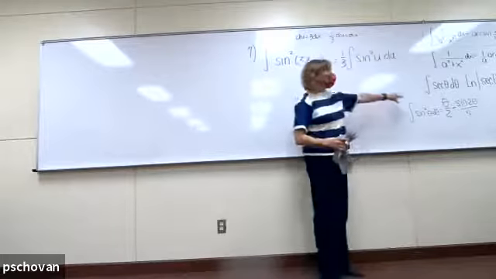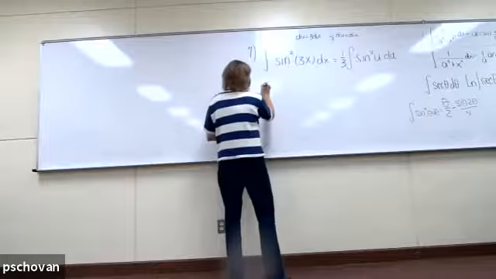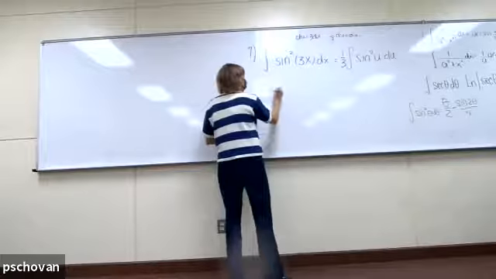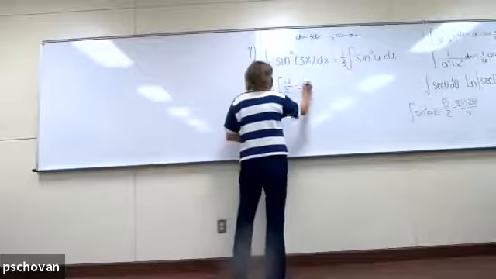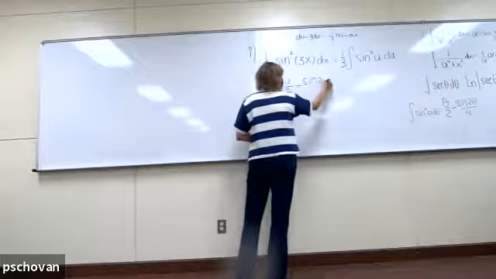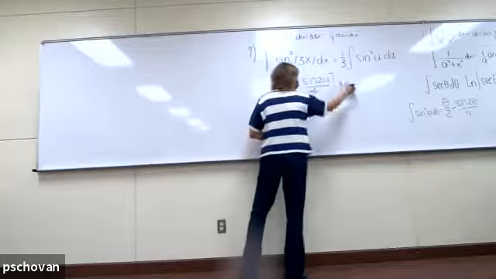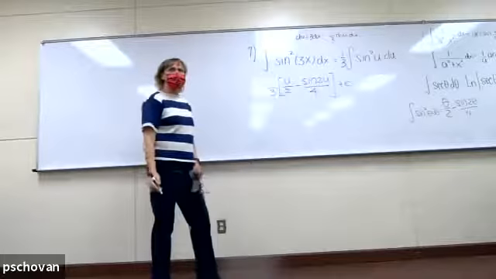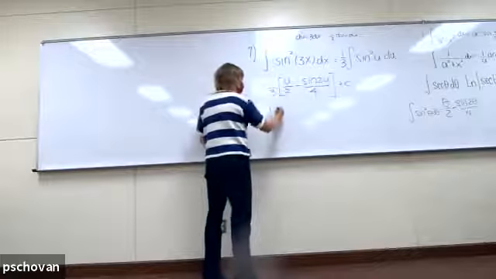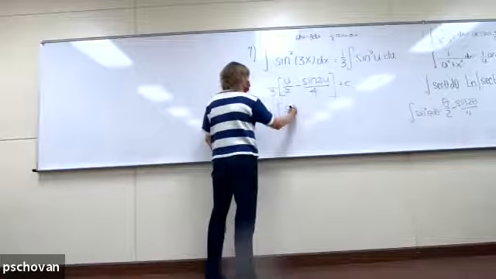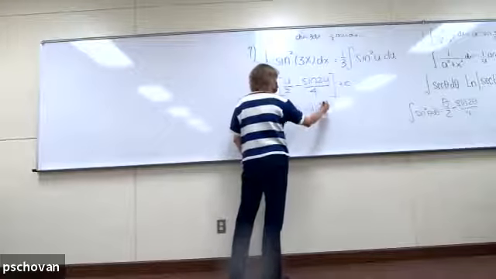And so we should get u divided by 2 minus the sine of 2u divided by 4, with the 1/3 out front. And then replace each u with 3x. So 2 times 3x is going to give me a sine of 6x right here.